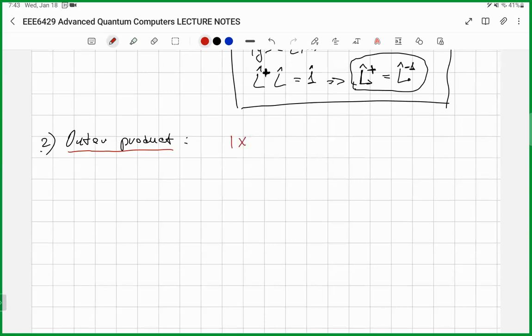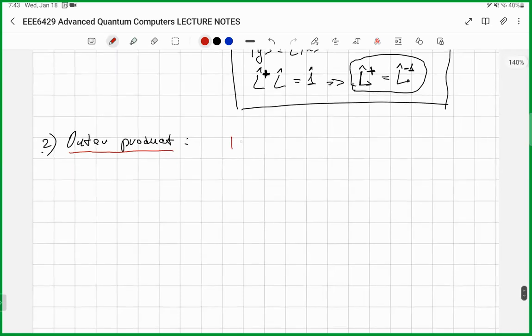So this, let's say not x, let's say a. So this is a ket times bra b. So again, for simplicity, we simply write this as follows. So it's a and then this cross b. So this is exactly the same thing. We don't write these two angle brackets here.